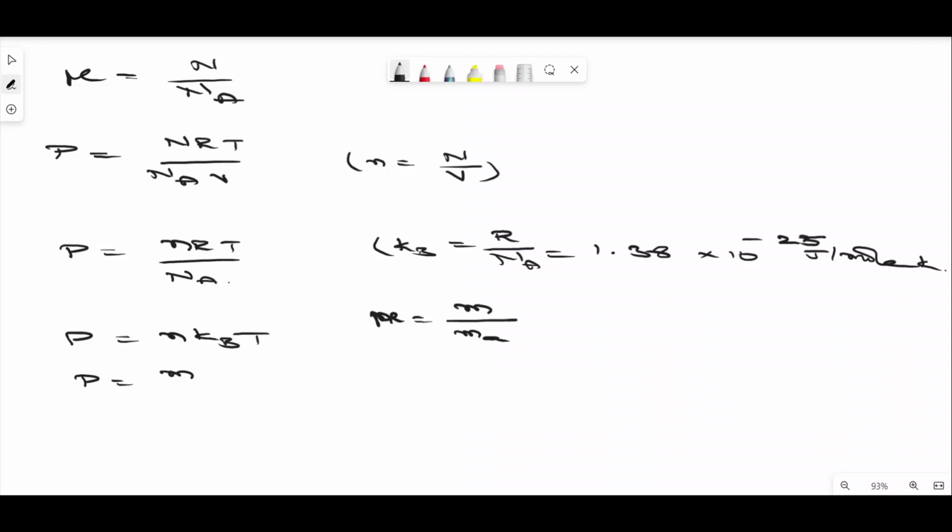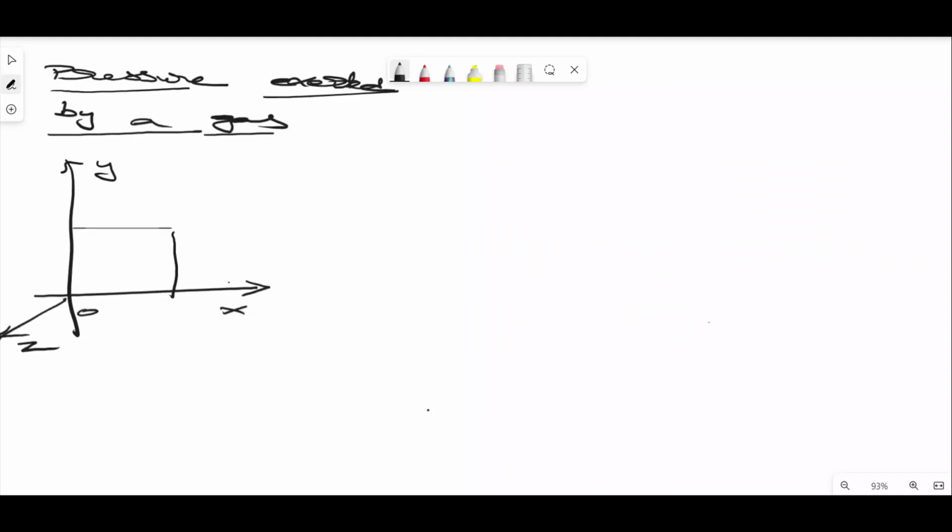So here the pressure can be represented as number of moles small m RT by M suffix A into V, and we know that mass per volume is nothing but density, equal to mass by volume. So as we substitute here, we get rho RT by M suffix A. This represents the expression for pressure in terms of density in the case of the ideal gas equation. Take a screenshot, we will continue.